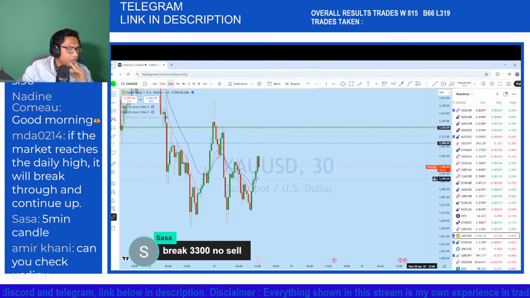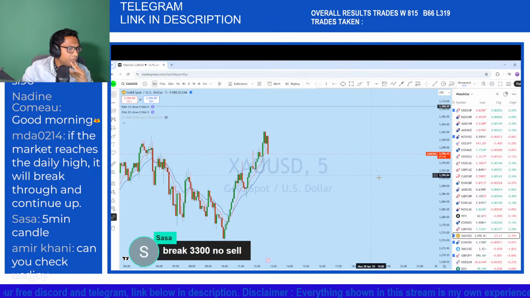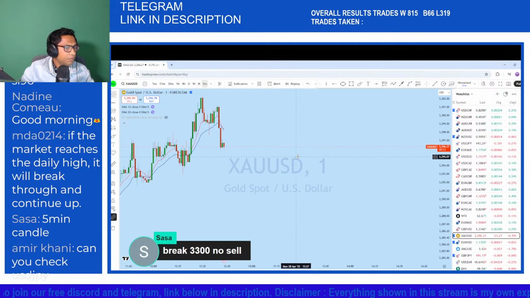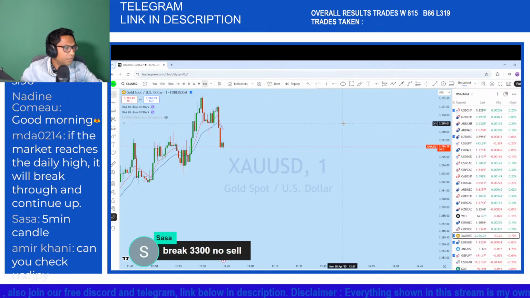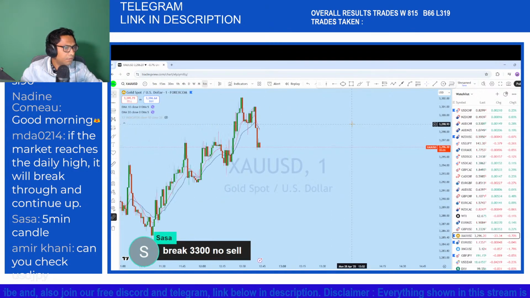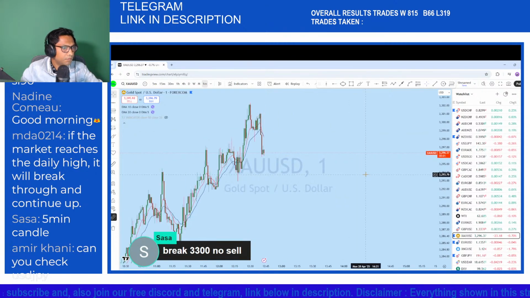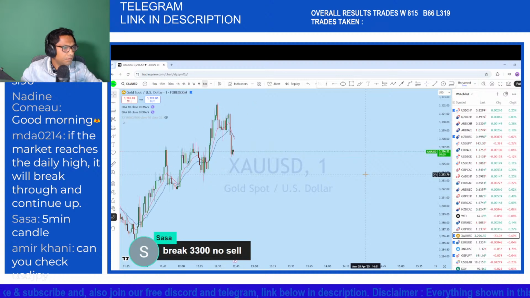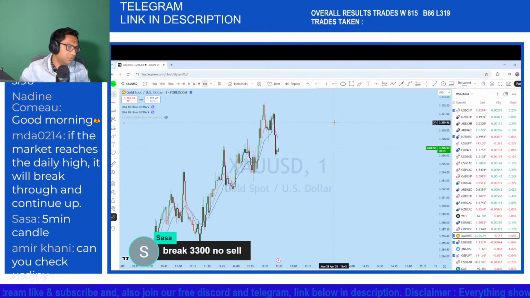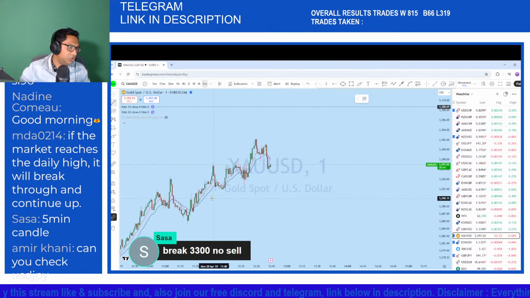So you see there is a breakup structure now at the market on this trend line.